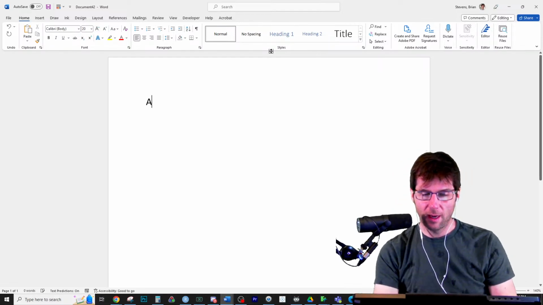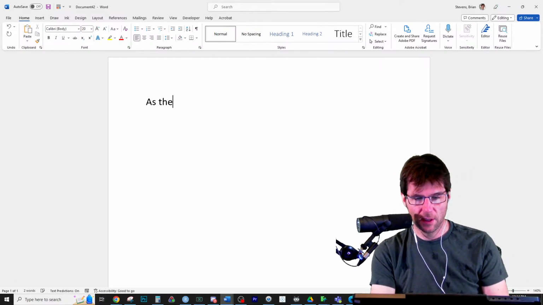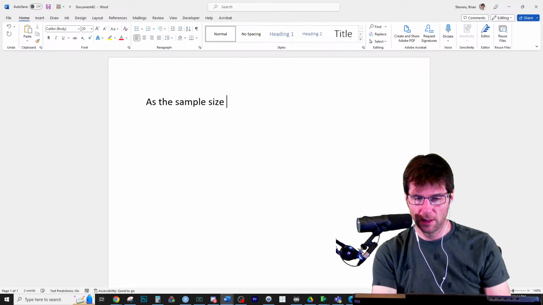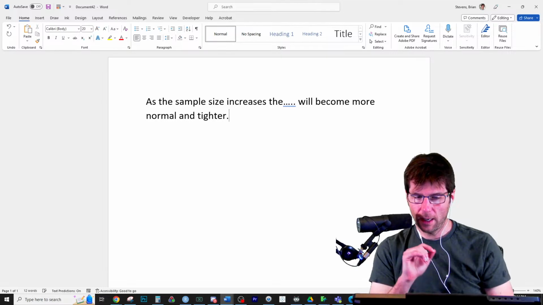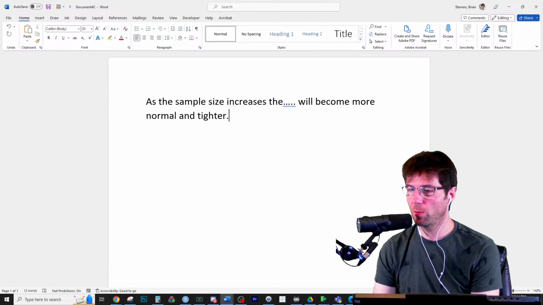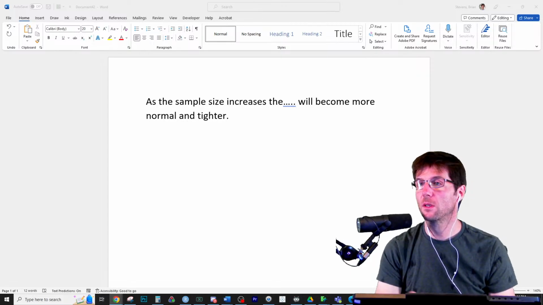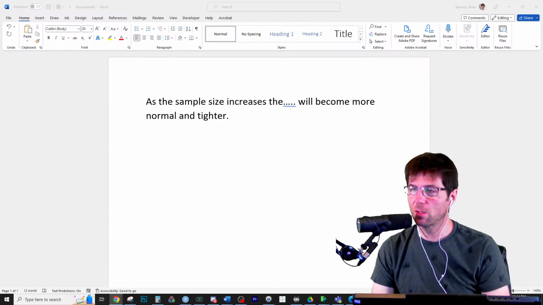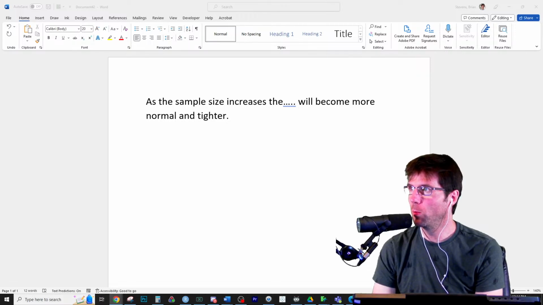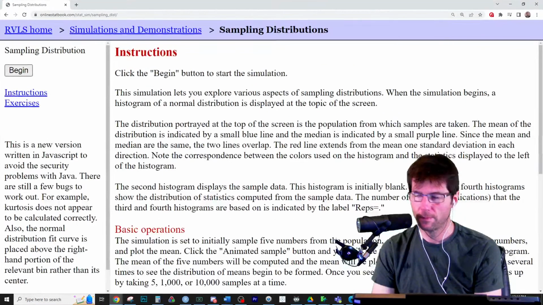So tell me how to finish the sentence. As the sample size increases, the blank will become more normal and tighter. As the sample size increases, the what will become more normal and tighter?